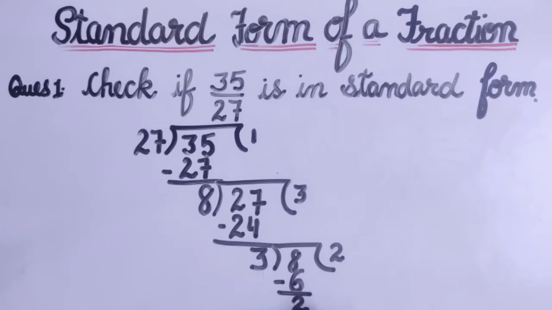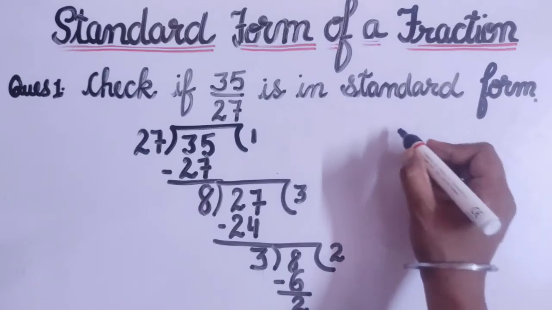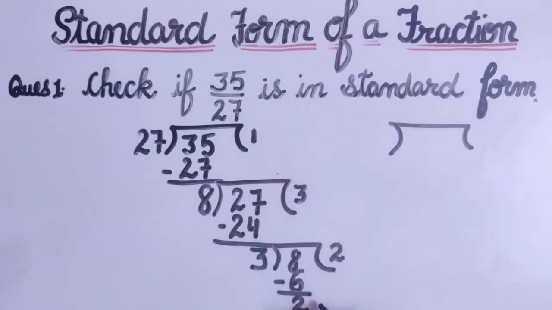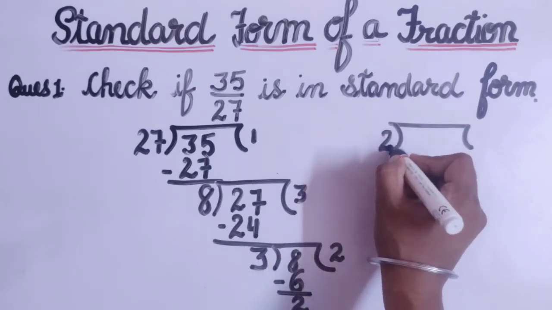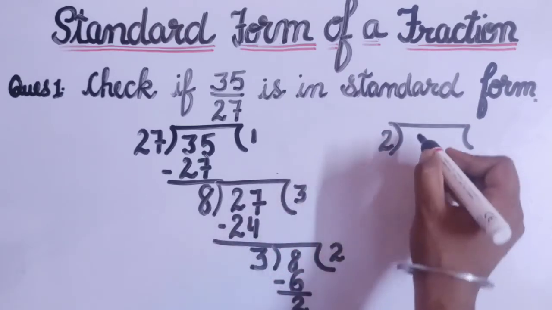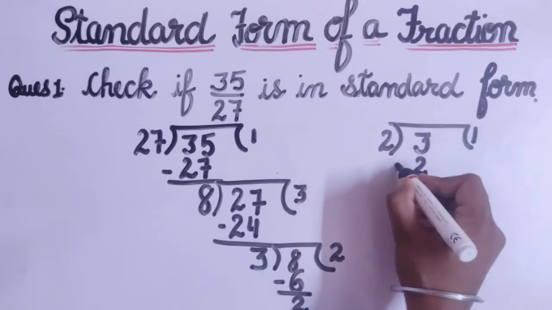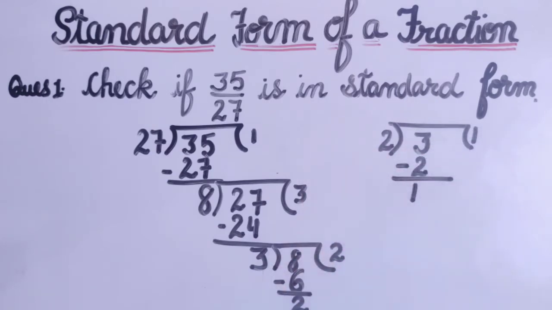Now what is the remainder? Remainder is 2. I am not having space right now, so I'll do it here. Yes, this remainder becomes divisor and this divisor becomes dividend. 2 1s are 2. Now my remainder is 1.